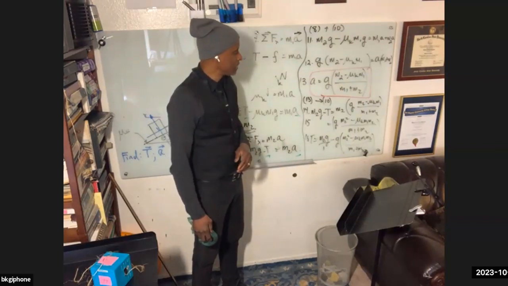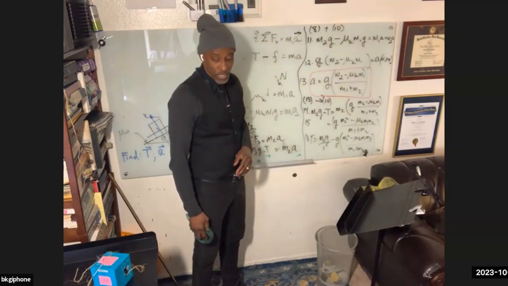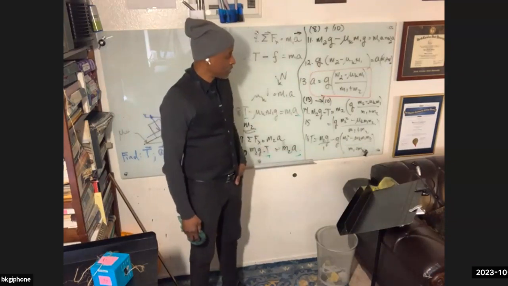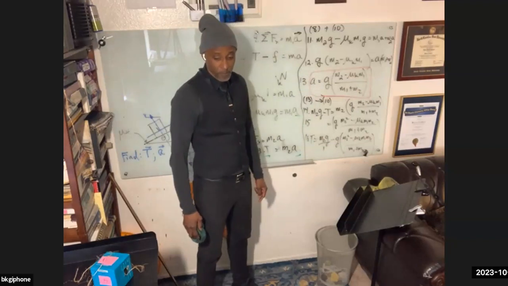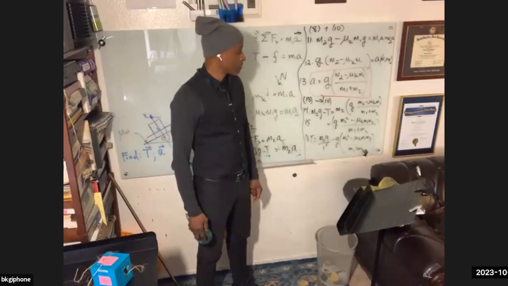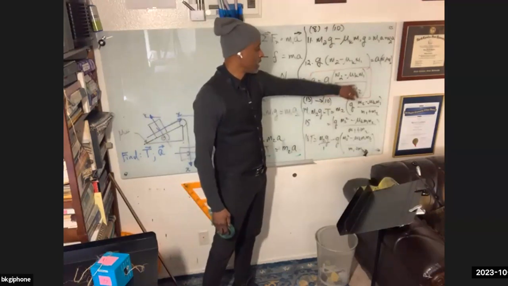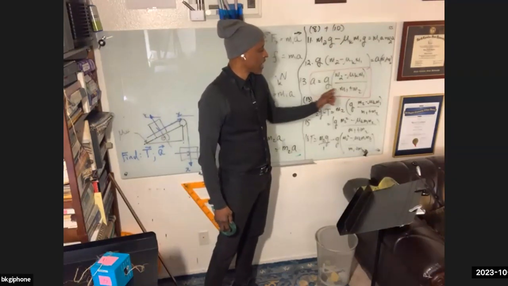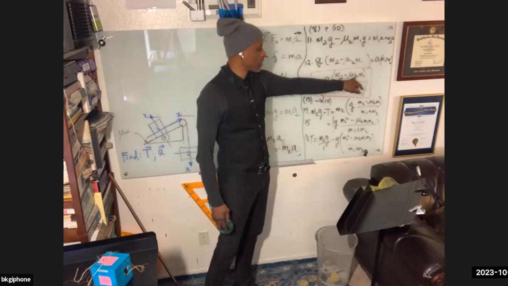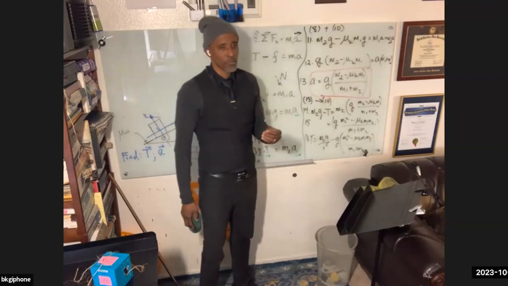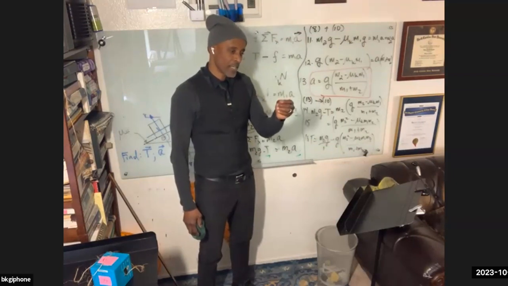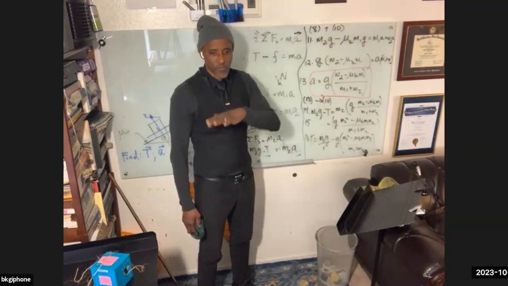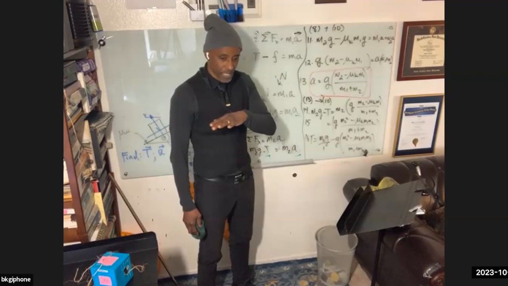So you said M2 minus mu k M1 cosine theta, right? That's what you said? Yep, that's it. Okay, I think that's probably right. Because remember, I've factored out g. Friction is mu k times the normal force N. Now, when it's flat, the normal force is just mg.